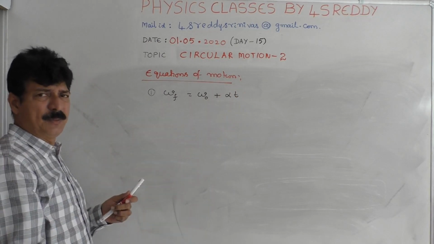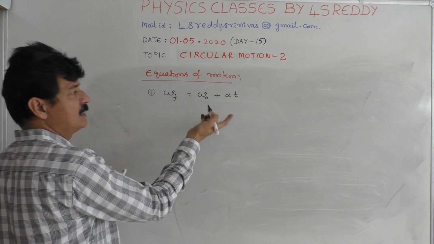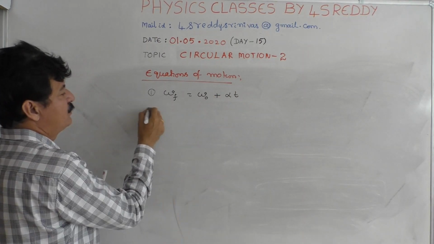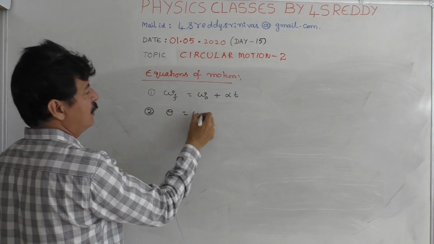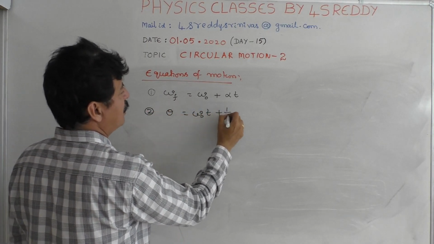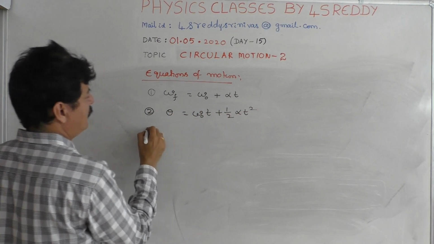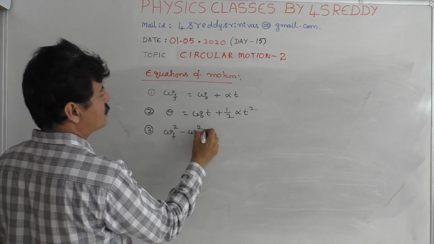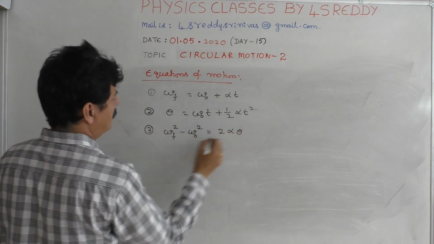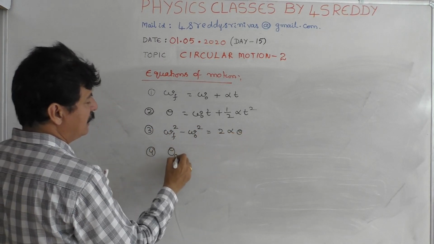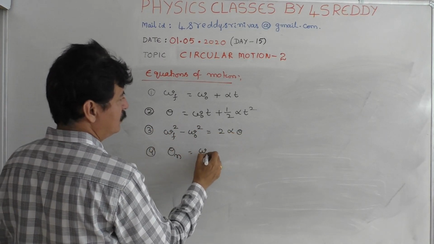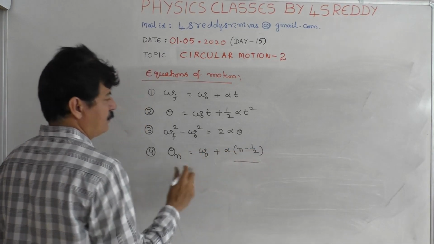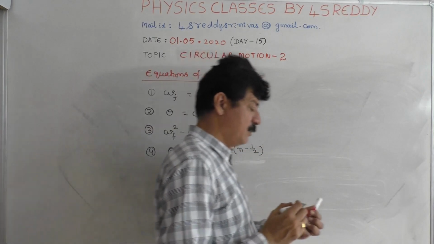Similar to that, v is equal to u plus at. This is the final angular velocity, this is the initial, alpha is the acceleration. Second one is theta is equal to omega naught t plus half alpha t square. And omega f square minus omega naught square is 2 alpha theta. And theta n is equal to... these are the equations of motion.